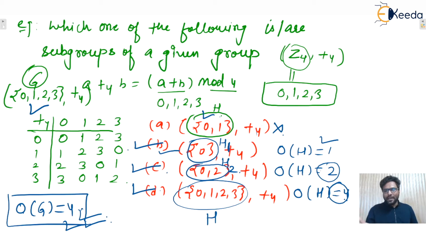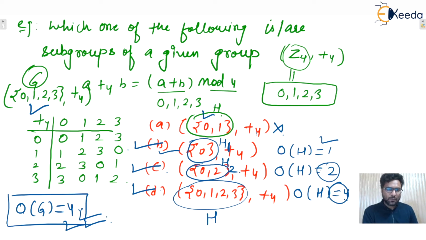Similarly, if H1, H2, H3 are three subgroups of a group G, then the intersection of H1, H2 and H3 will also be a subgroup, isn't it? But that is not guaranteed in the case of union. If we take H1 and H2, two subgroups of a group, then we cannot say that H1 union H2 will also be a subgroup, isn't it? So these properties are there.